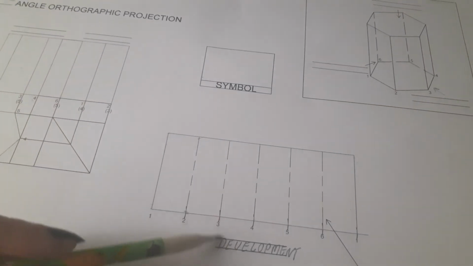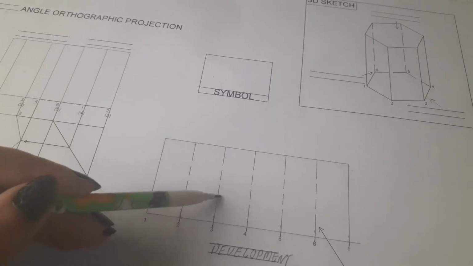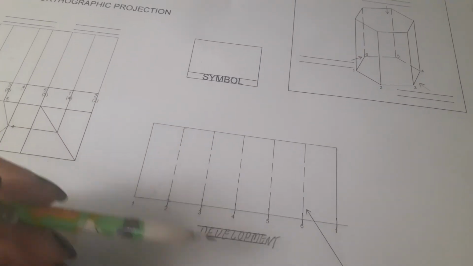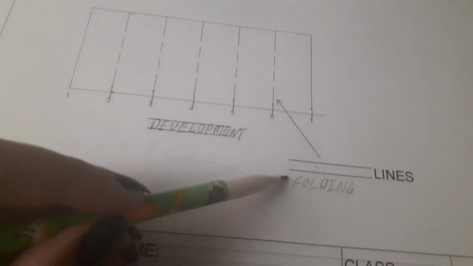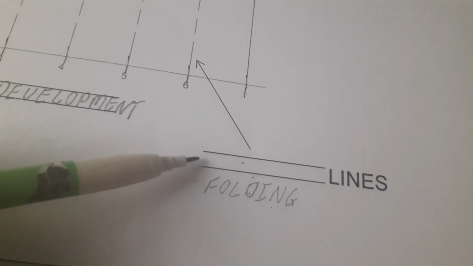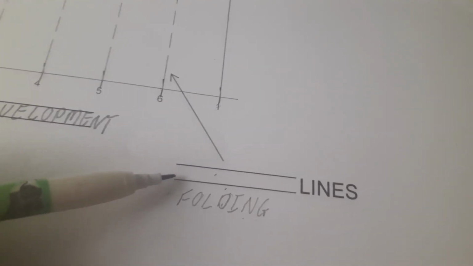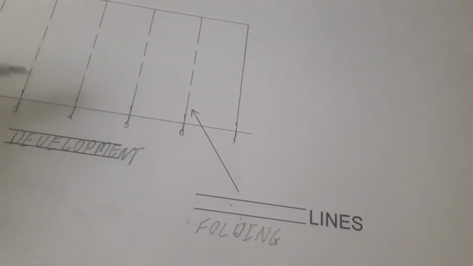Okay? Now, these types of lines, one big, two small, one big, two small, one big, two small, are called folding lines. Sometimes you can also find them as cutting lines. It doesn't matter, whichever one you use. Write it in here, okay? Folding lines.